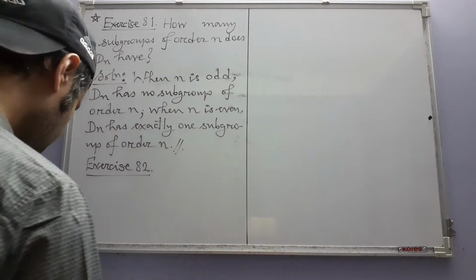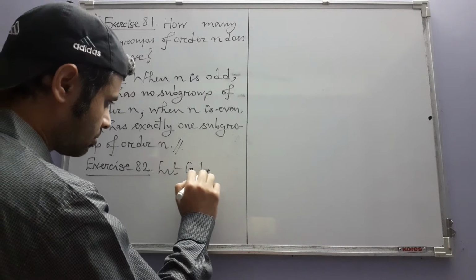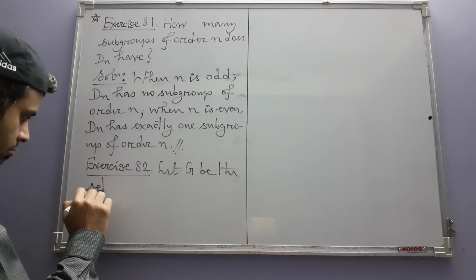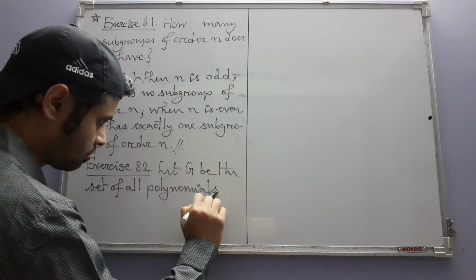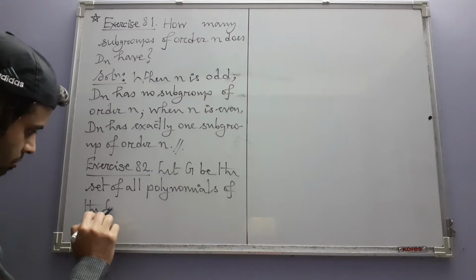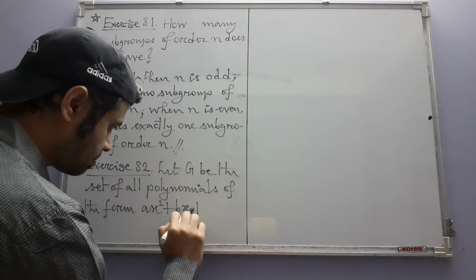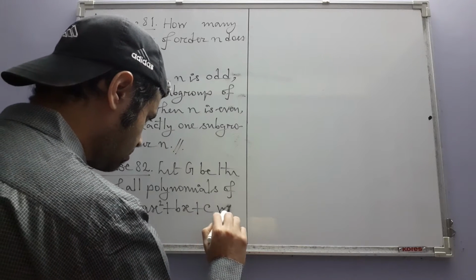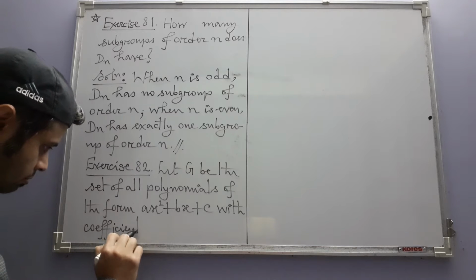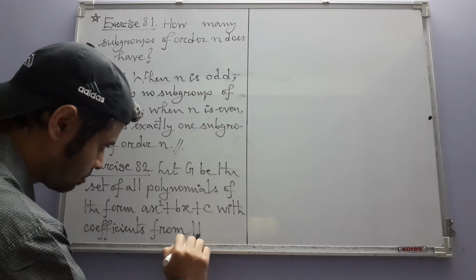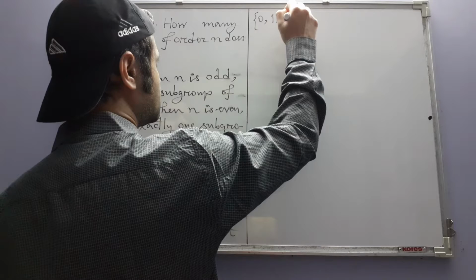Next, 82. So the 82nd one is this: let G be the set of all polynomials of this form: ax square plus bx plus c with coefficients from this set consisting of the integers 0, 1 and 2.